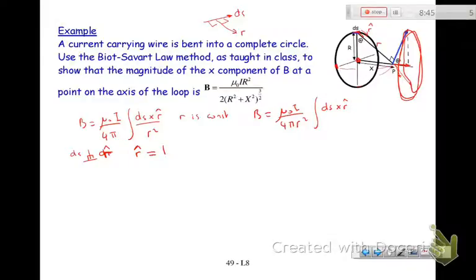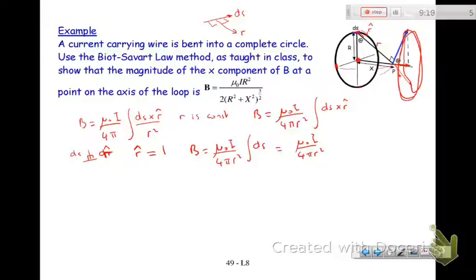This is the same old, same old. So B is equal to mu naught I over 4 pi r squared times the integral of ds, because that's what all that does. Now, if I add up all these guys, if I represent this as a circumference, is it still a circumference?